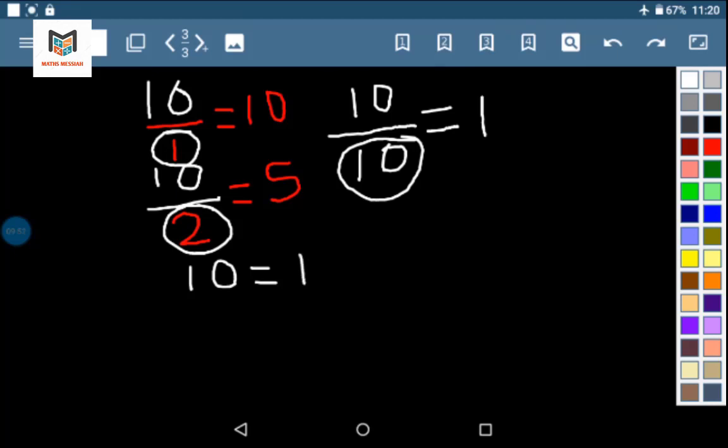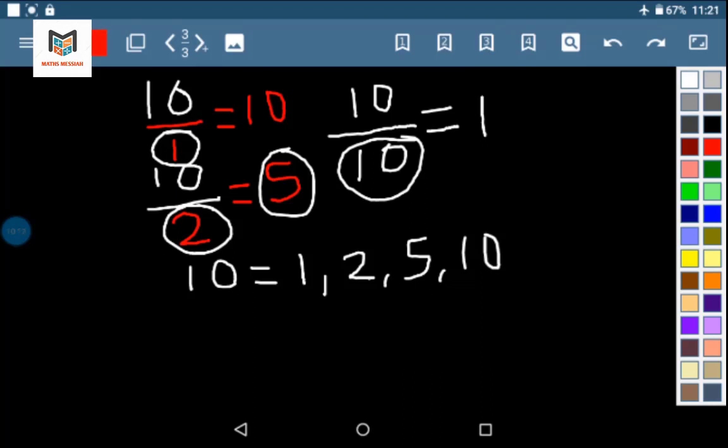We have 1, 2, we also have 5. So don't forget. Then we have 5, then 10. You can test if your answer is correct by multiplying the first number by the last one, and then this one by the last but one.